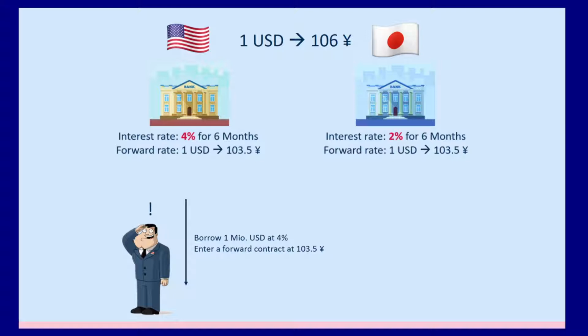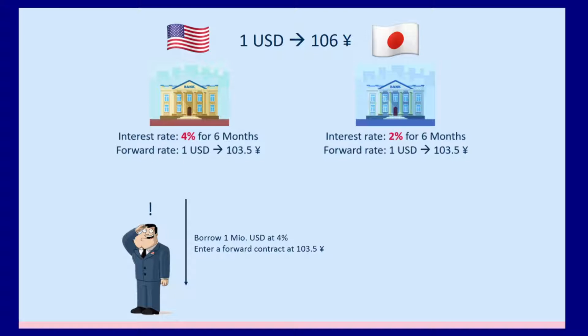I also want to secure the exchange rate in 6 months. So let's exchange some Japanese yen to US dollars in 6 months, and I secure the exchange rate of 1 to 103.5. Okay, now I have 1 million US dollars and I know I can exchange Japanese yen to US dollars or vice versa in 6 months.